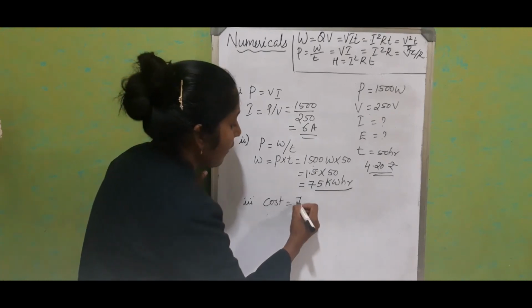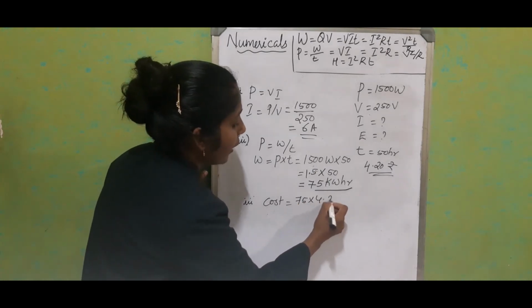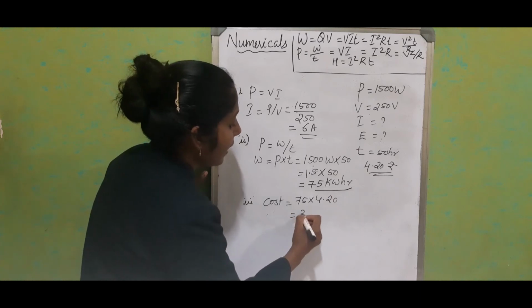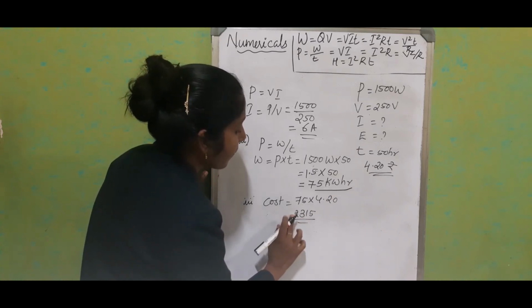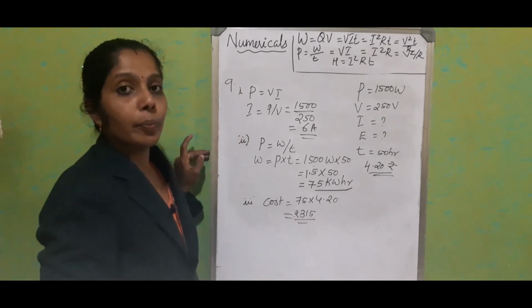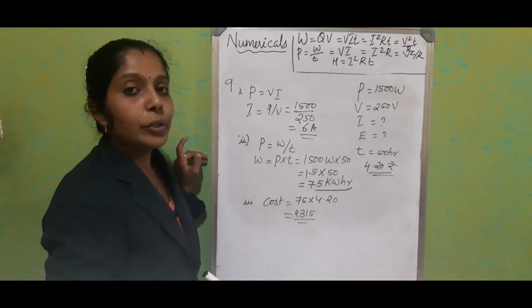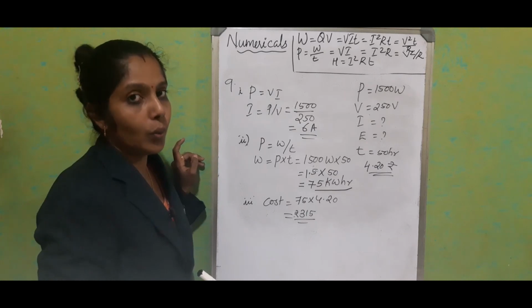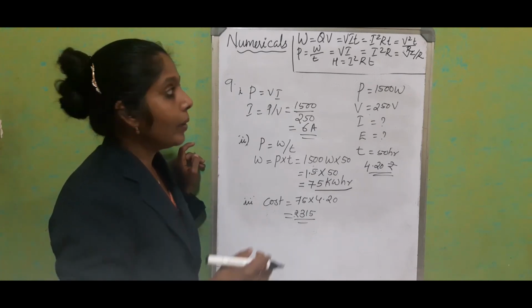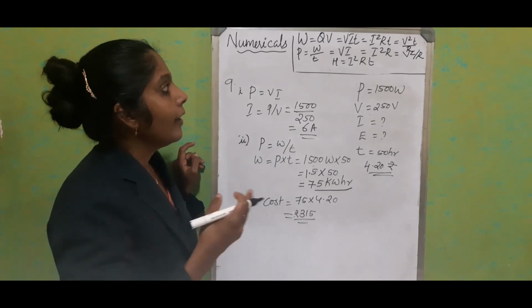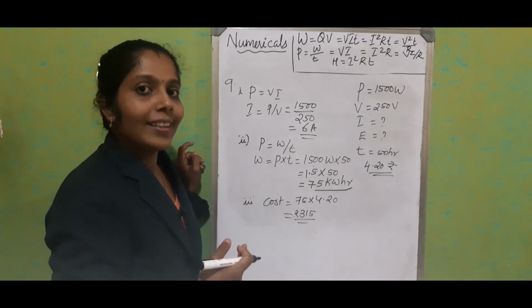So 75 into 4.20, we will get 315. So we need to pay 315 rupees if we consume 75 kilowatt hour. So practice more problems using different equations. Thank you.